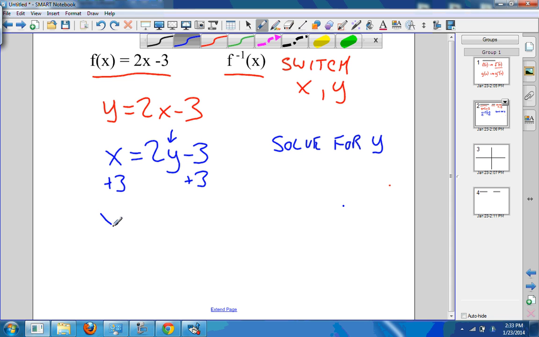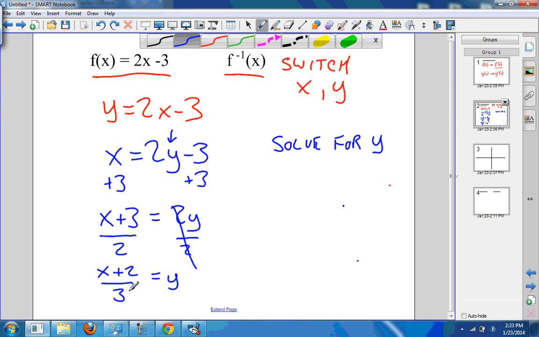And we get x plus 3 is equal to 2y. Now, to get y all by itself, we need to divide by 2. And we get y is equal to x plus 3 over 2.